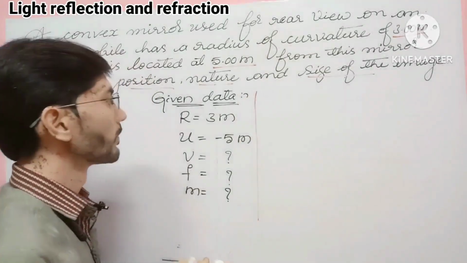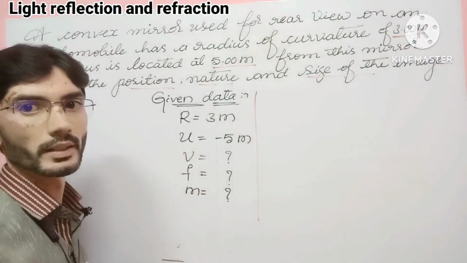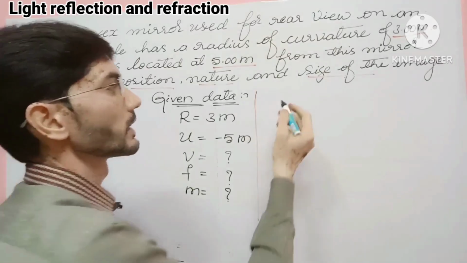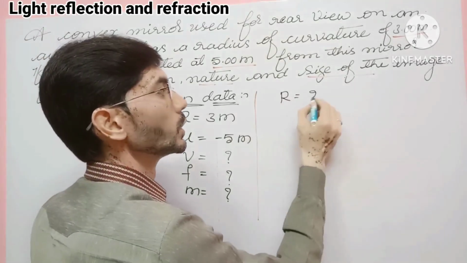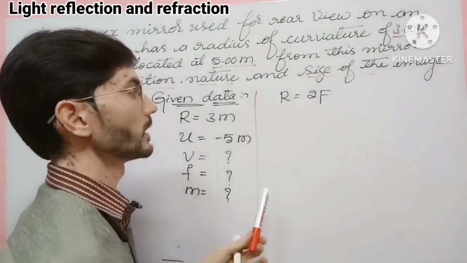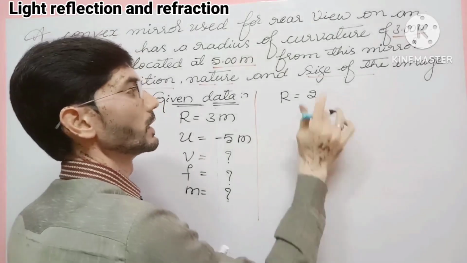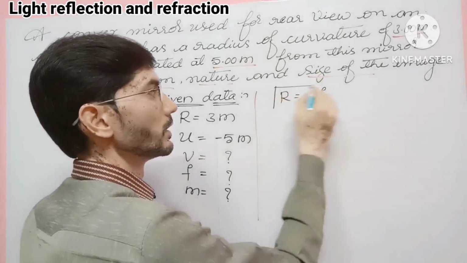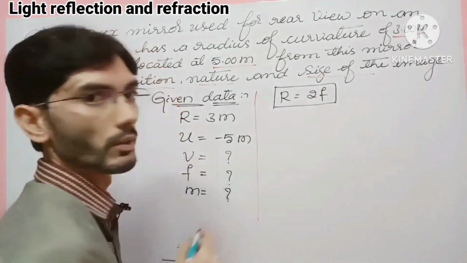Now here first radius of curvature is given. By using that formula, R is equal to twice of focal length. Even if you want, you write small letter f only, double principal focus. Now let's substitute the values in that.